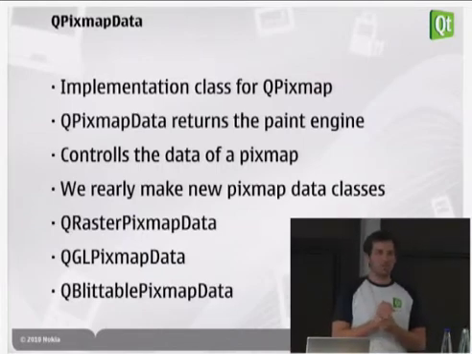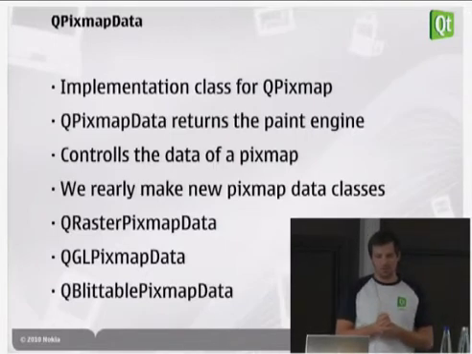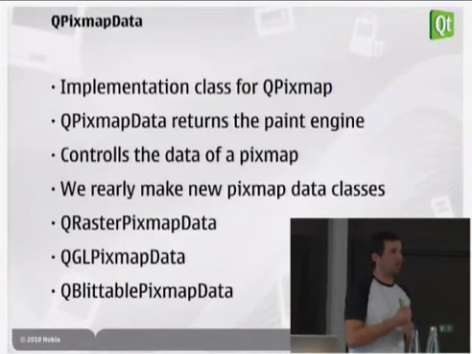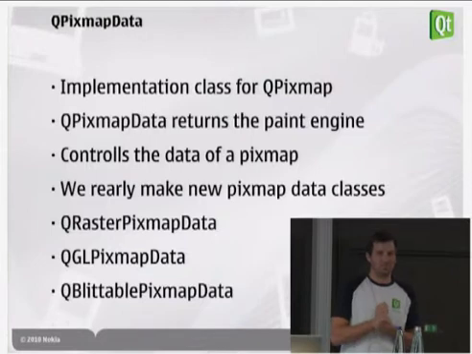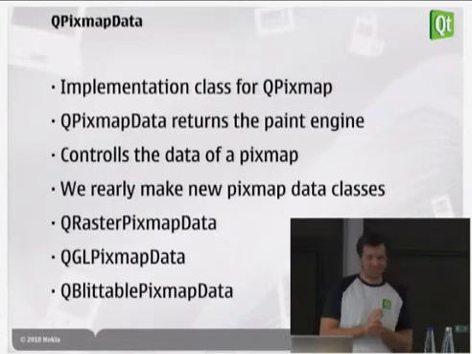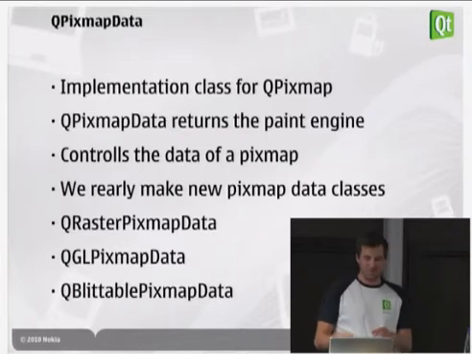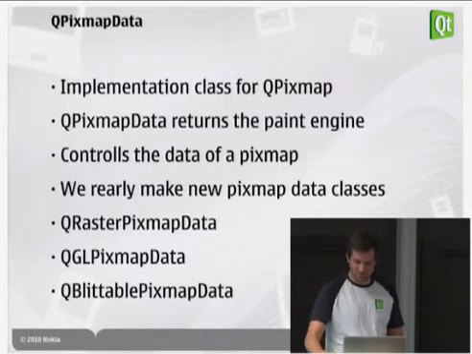QGLPixmapData uses a frame buffer object. And then we have QBlittablePixmapData, which is a hybrid raster container. If you're very interested in the Blitter API or blittable surfaces, then come and see me later.